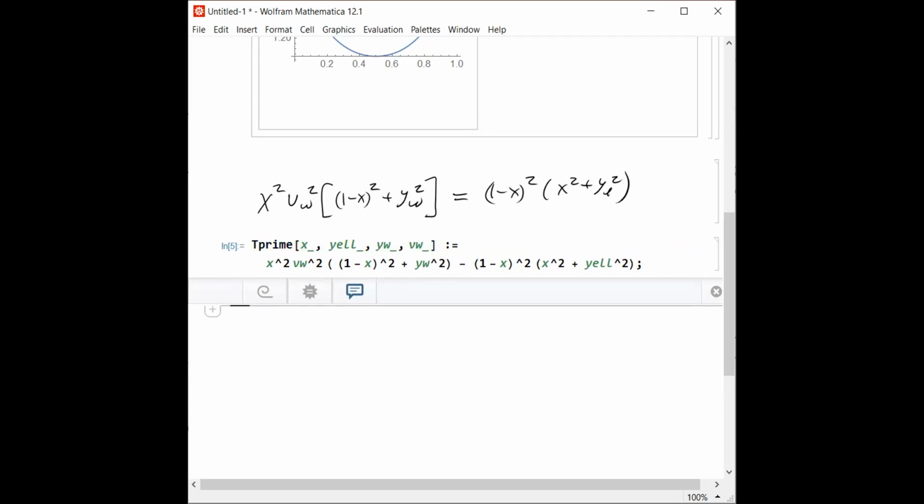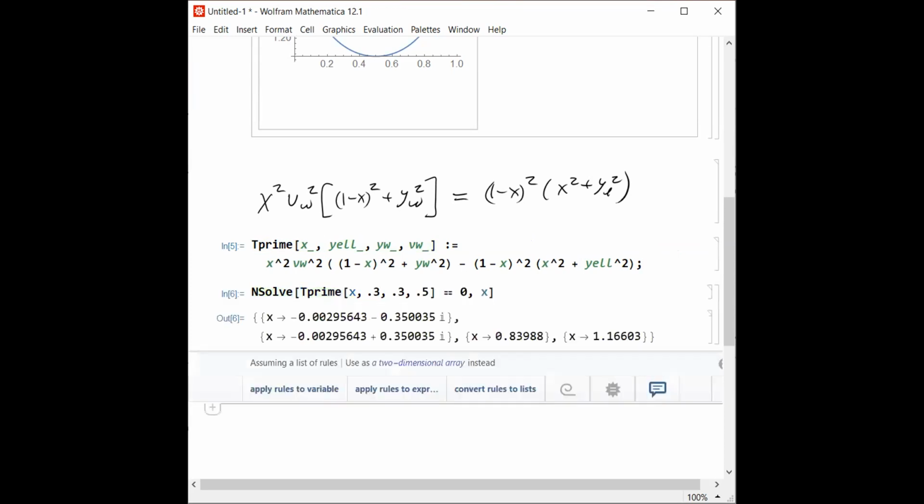No typos. All right, so now what we want to do is we want to solve for that equal to 0. So let's numerically solve time of x. I think we do 0.3, 0.3, and 0.5. 0. And so we get 1, 2, 3, we get 4 roots.